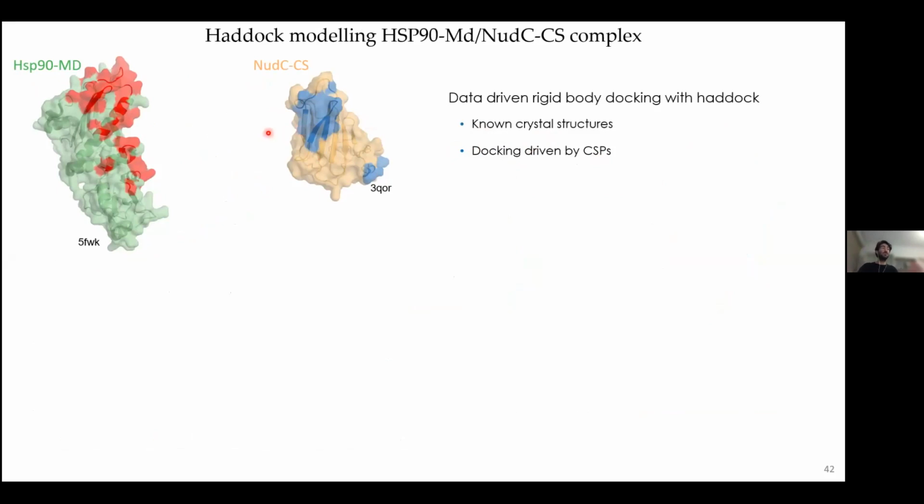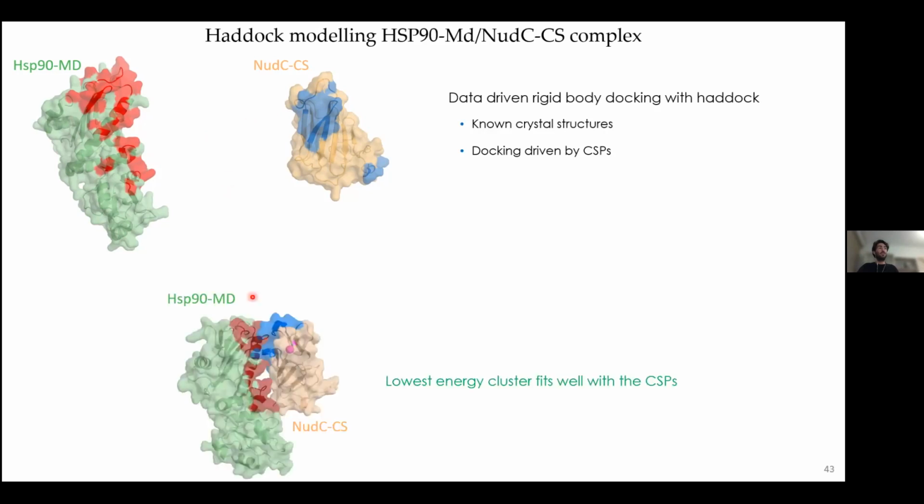And then we perform the docking, which also follows the chemical properties of proteins. And we end up with a solution that we can see here. That is our lowest energy cluster, and you can see directly that it fits very well with the interface that we determined by NMR. Now, that is expected as we introduced these chemical shift perturbations, or these interfaces, as an input in our docking.